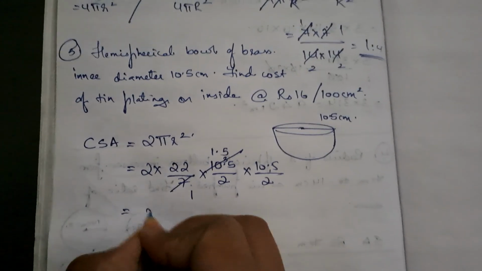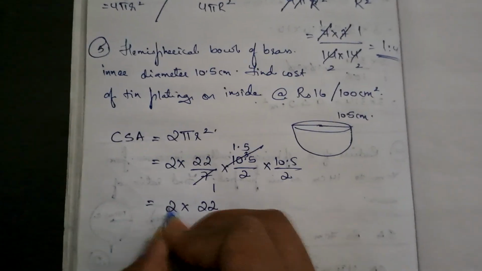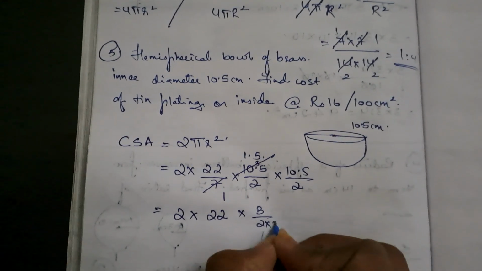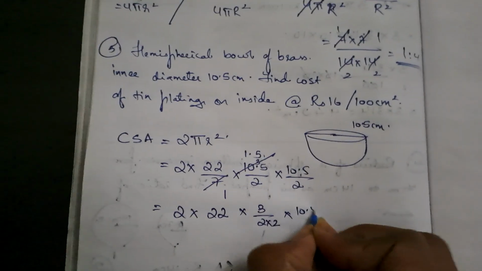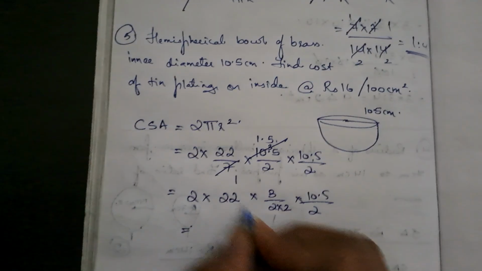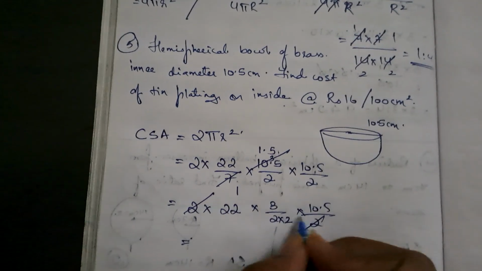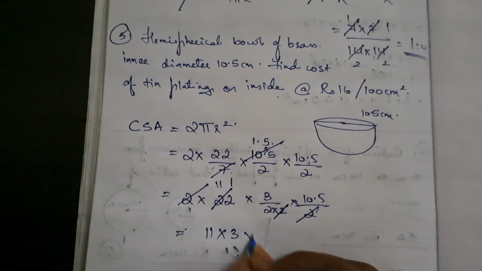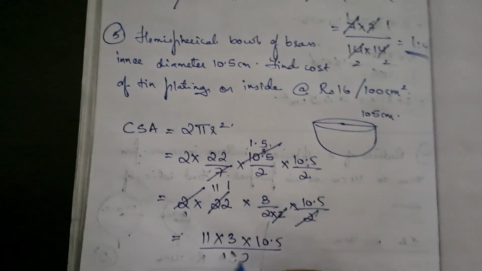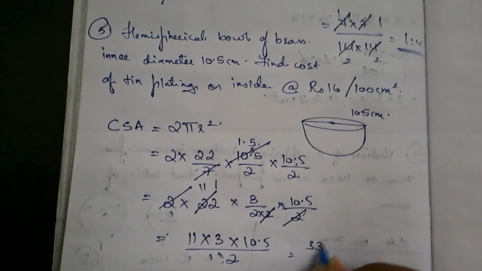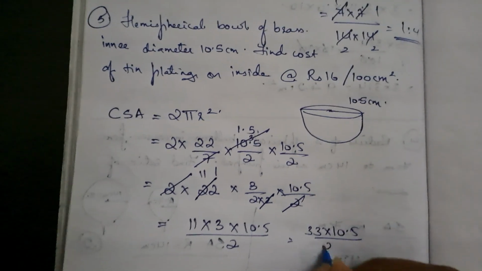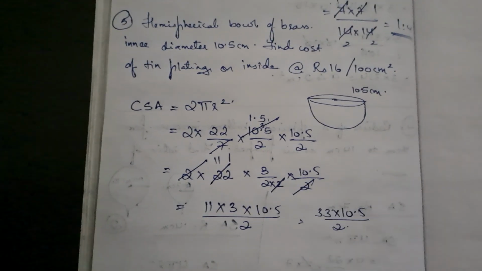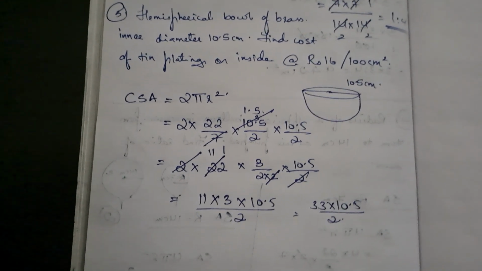So we write 2 into 22, and this can be written as 3 by 2, and there's already a denominator 2, and 10.5 by 2 is here. 2 11 times goes off, so we are left with 11 times 3 times 10.5 by 2, the 33 times 10.5 upon 2. This is the simplification that we are doing.